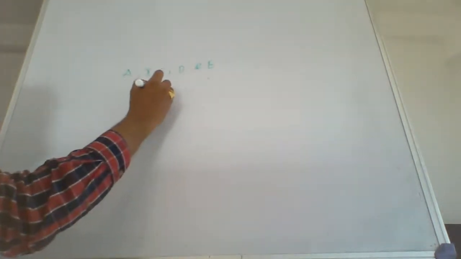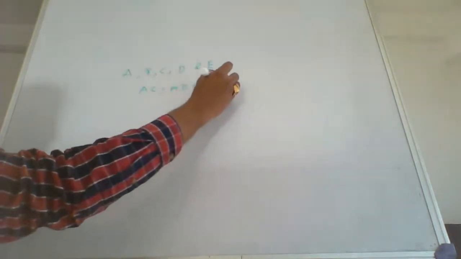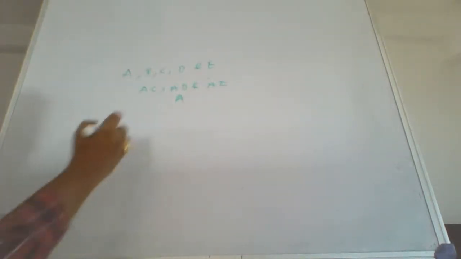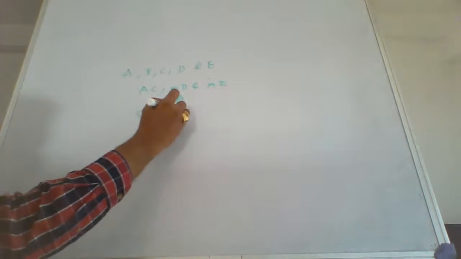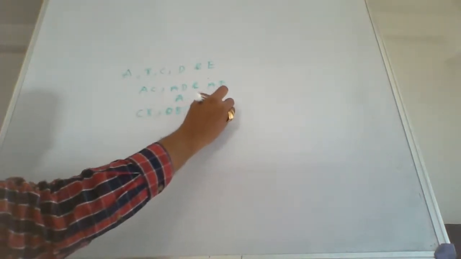Three forces, AC, AD, and AE, act at A, and three forces CB, DB, and EB act at B. You have to find the resultant of this.